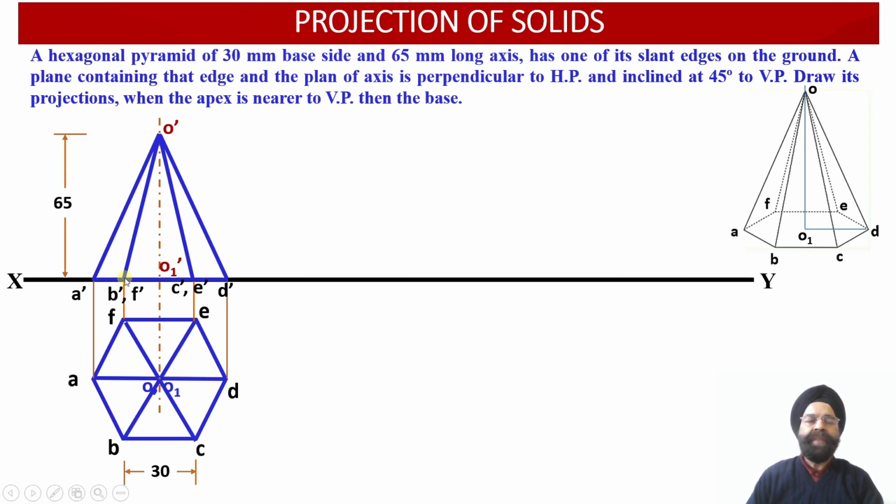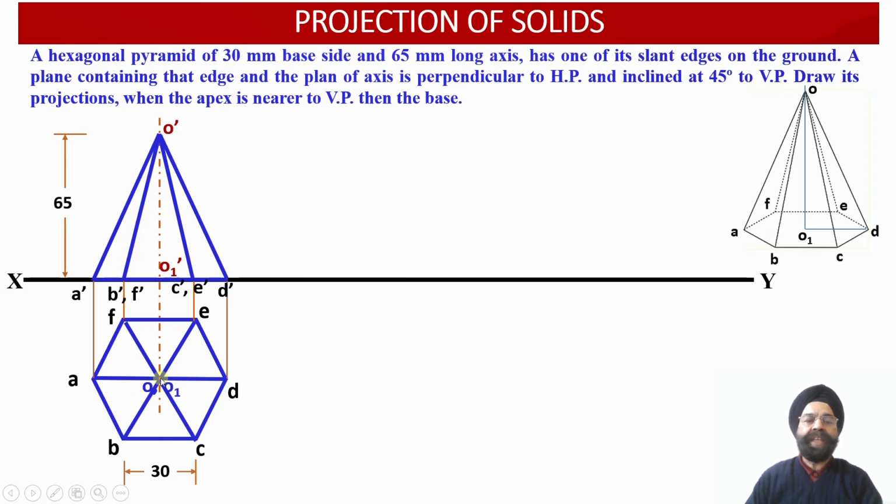Now one thing we need to clearly understand is that the slant edge OF is lying on the rear side of the hexagonal pyramid, so it will not be visible to the observer. The front view projection of the corresponding slant edge, O dash F dash, should have been drawn using hidden line or dotted line projections, but they are not visible to us as dotted line projections. Why?